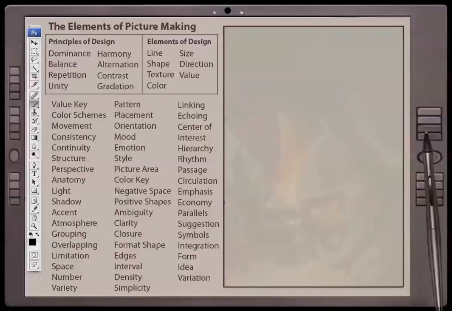That plan could be a design principle. So if I select dominance, dominance becomes my plan, my design theme. So in this rough color sketch that I'm doing, I'm going to have the curved lines dominant. So I'm using dominance.